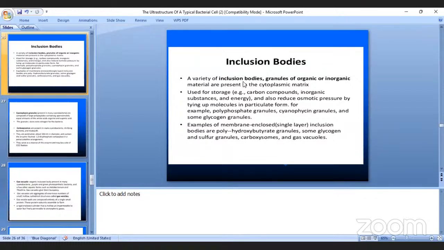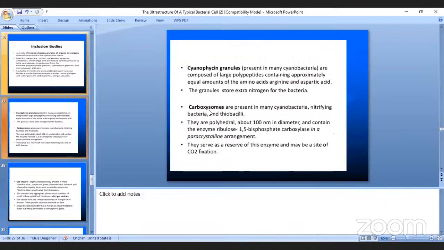Apart from the mesosomes, inclusion bodies are also present. Inclusion bodies are granules of organic or inorganic matter present in the cytoplasm, and their function is storing compounds. Cyanophycin granules are another part of the cytoplasm.